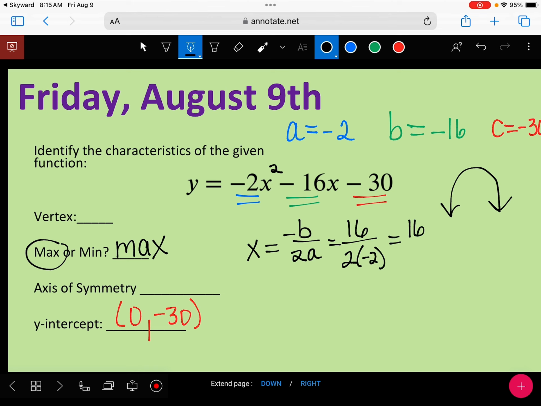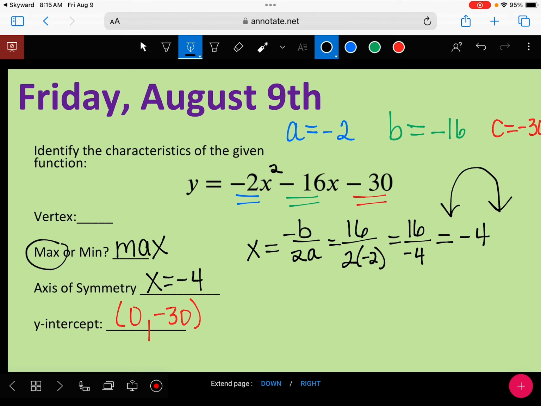So we have 16 divided by -4. Go ahead and type that in your calculator. All right, do we agree that it's -4? Okay. So I'm going to put that here for x equals -4.